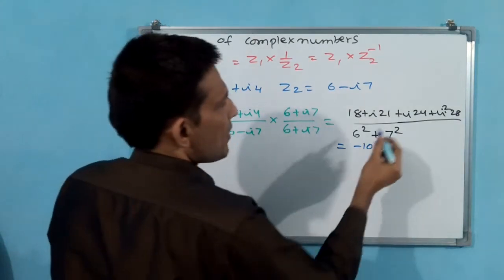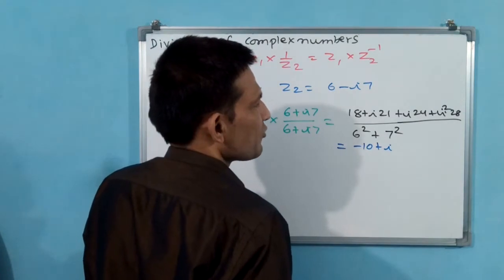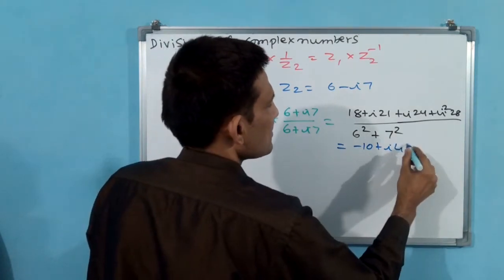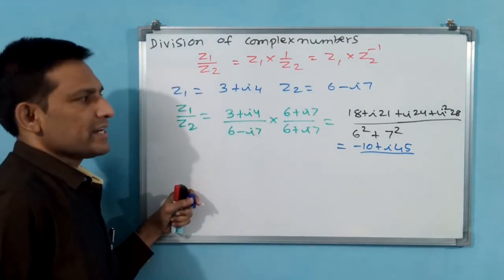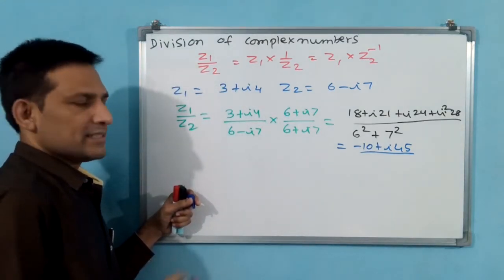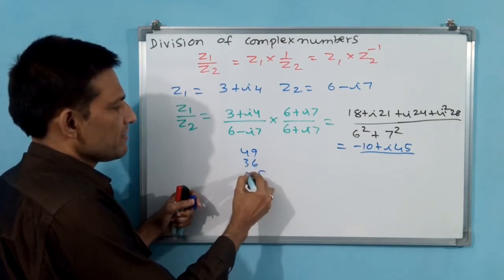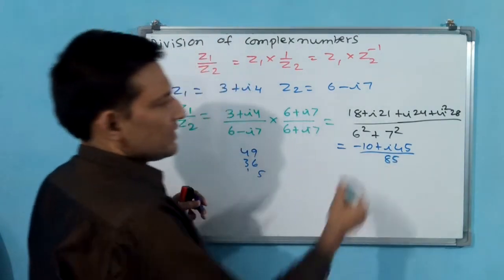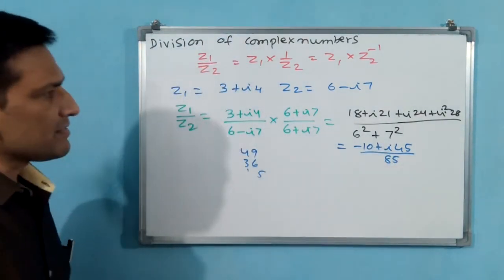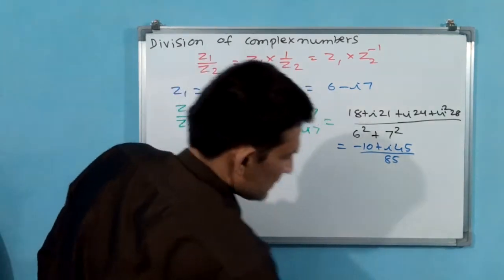Plus I 21 plus 24, that is 45 I. Divided by 7 square 49, 6 square 36, 49 plus 36 is 85. This will be your answer: minus 10 plus I 45 by 85.